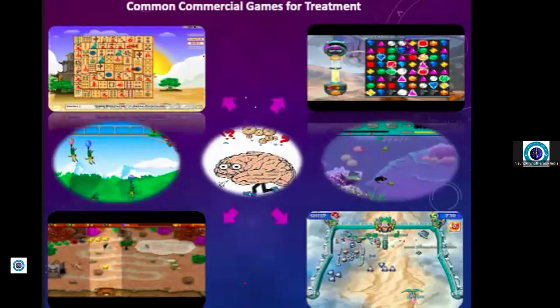Apart from just looking at your score and your success rate, we also needed to understand that they are using different executive functions. So we needed to make sure that we were choosing, from our library, different games that are particularly useful for each one of our participants, each one of our patients.